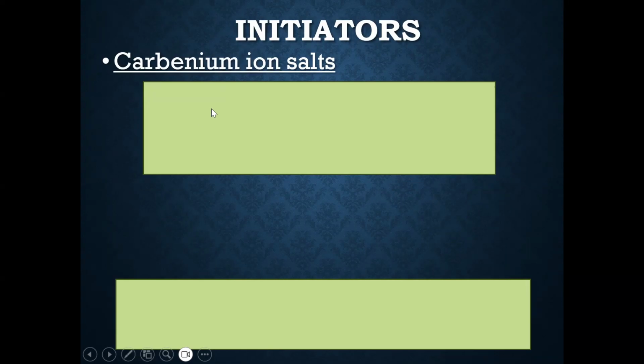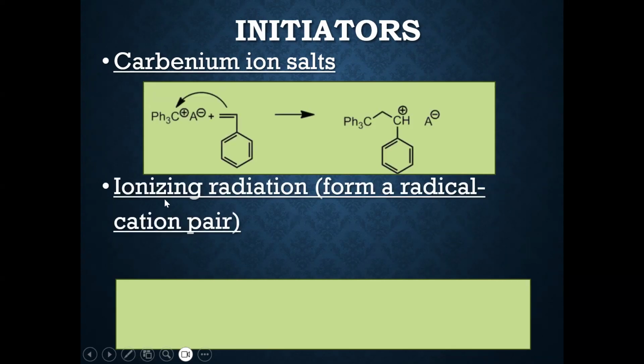Also, carbonium ion salts can be used as initiators, and ionization radiation can initiate the reaction. For the carbonium ion salt, as usual, the positive ion will attack the double bond, leaving a positive charge on our monomer.